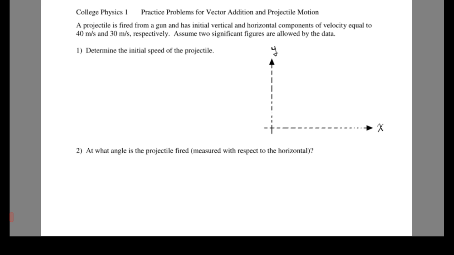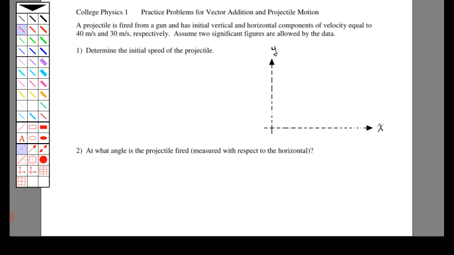I've already drawn a coordinate system, so all that remains is to draw the vector for velocity. We're given the two components. The horizontal component is 30 meters per second, so we can draw that distance in red on the axis.